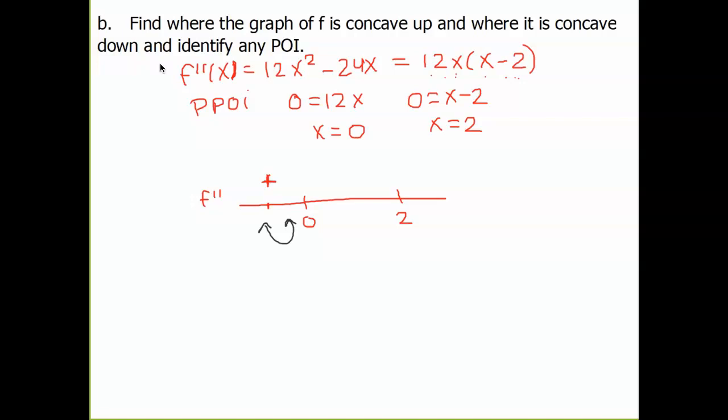Plugging in a 1, 12 times 1 is positive. 1 minus 2 is negative. So that makes this negative, which means my graph is concave down. Plug in 3, 12 times 3 is positive. 3 minus 2 is positive. Positive, positive is positive, which means my graph is concave up.